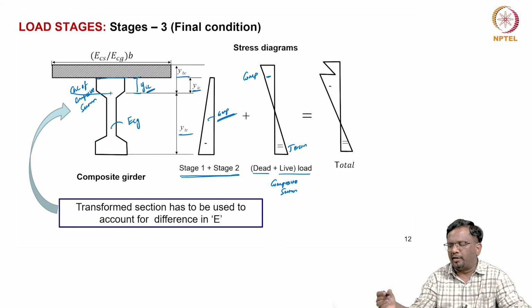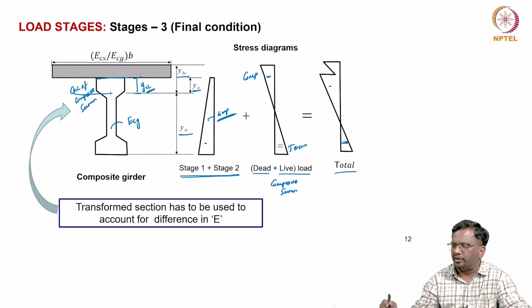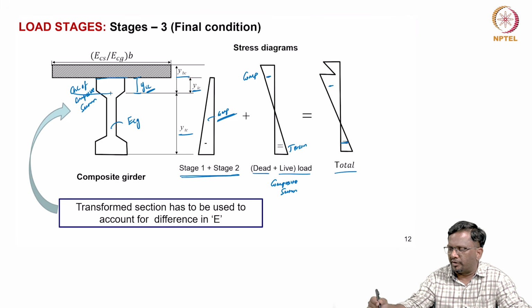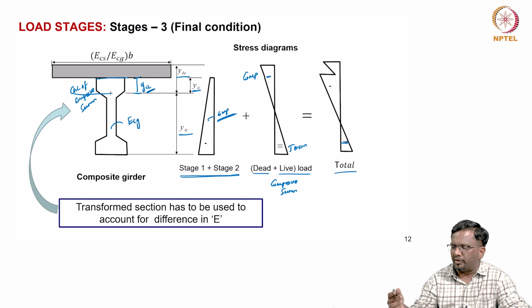When you add them up, that is how we get compression here, this is compression, probably the entire thing will be compression. This could get into some tension, so let me write this as plus. This also can become plus. Okay. Tension we are taking as positive, compression we are taking as negative.